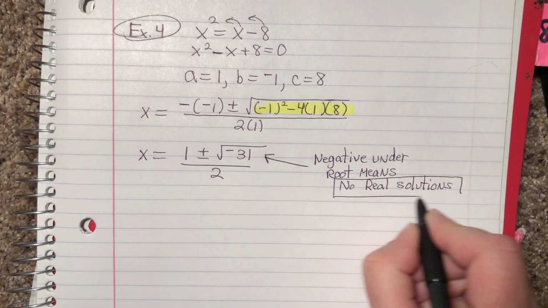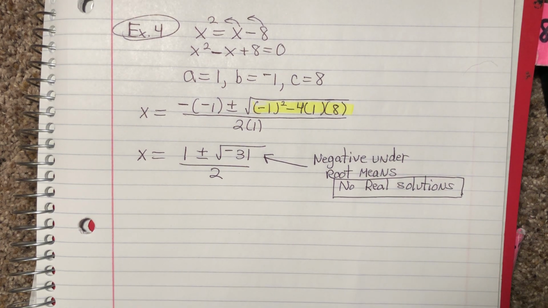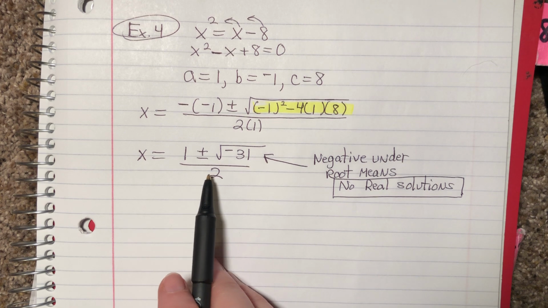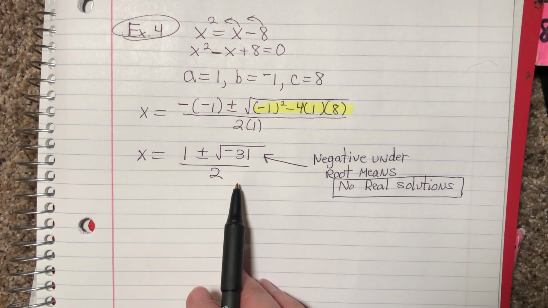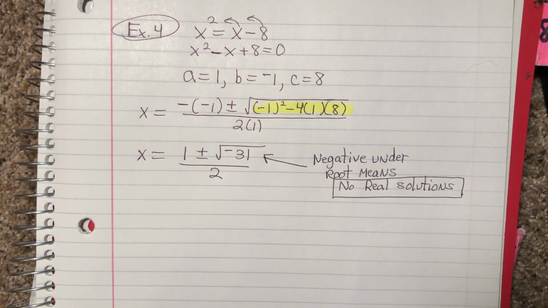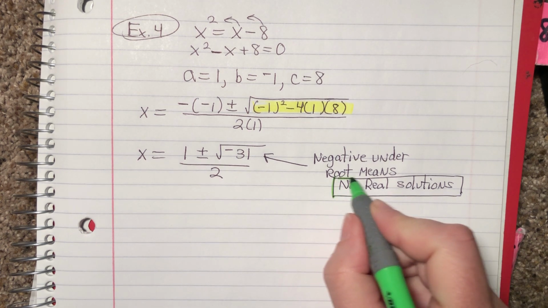And you can say that. And I'm specifying real because there are 2 solutions here. They're imaginary numbers. And I'm not going to hold you to this. You can just have this as your answer.